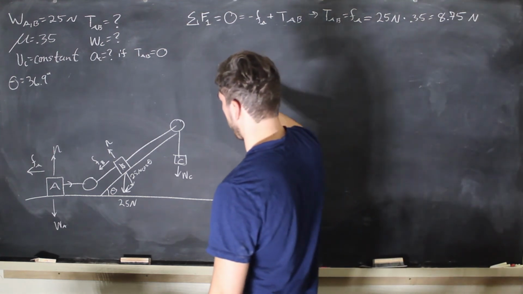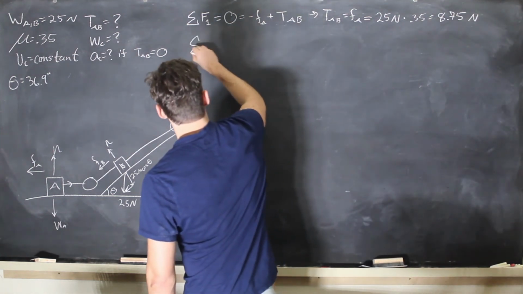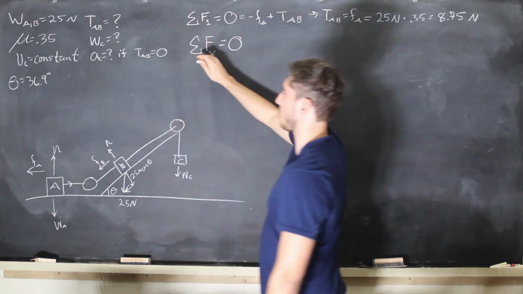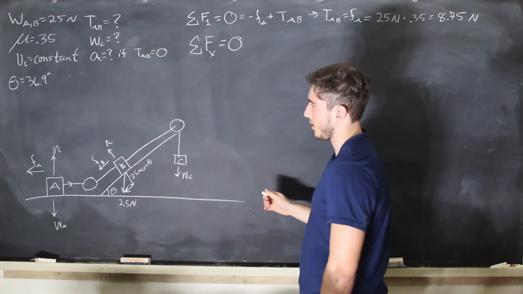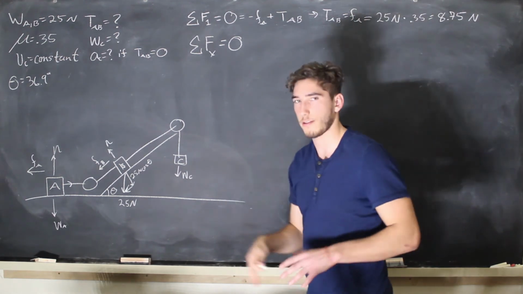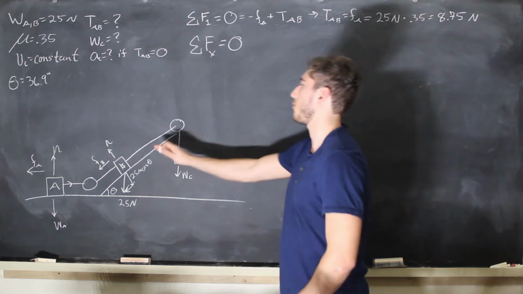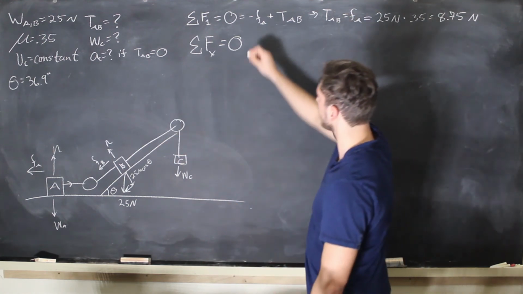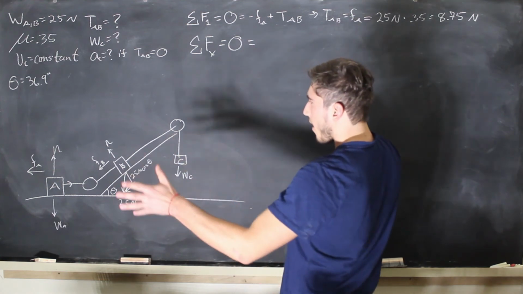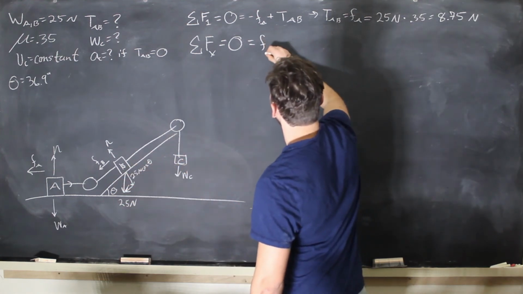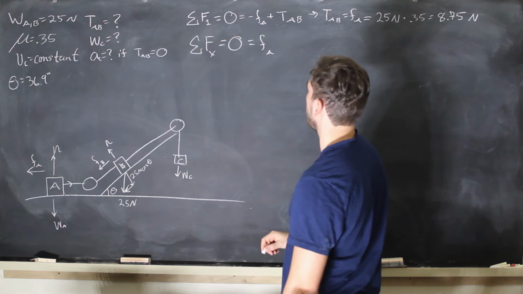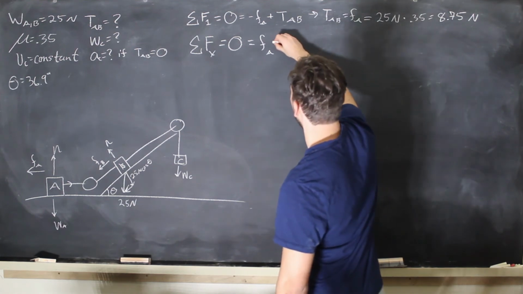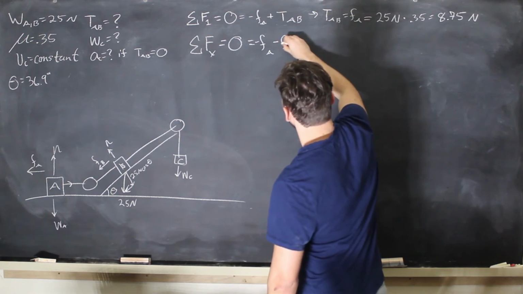Okay, now let's look at the entire system. So the sum of the forces is equal to 0. Technically this is all horizontal, but the pulleys are changing directions, so I'm just going to call it F of X. To the left, we have F of A, right? And we also have, and these are going to be negative, FB.